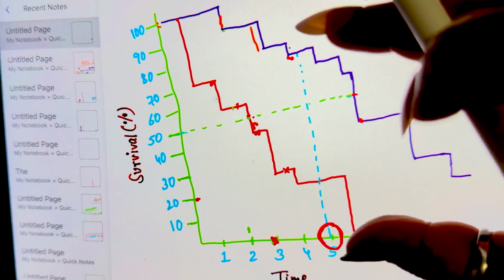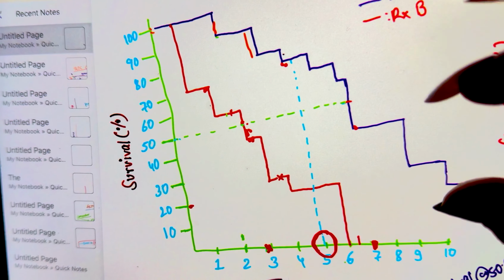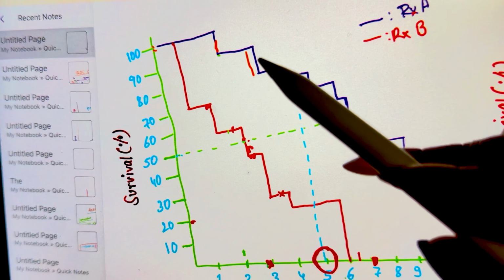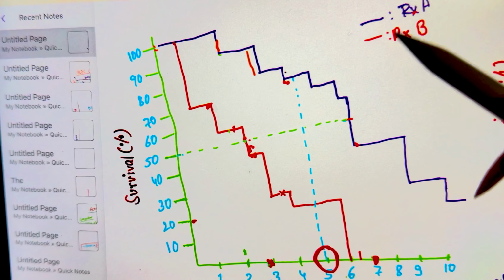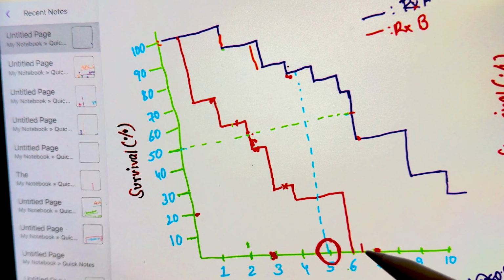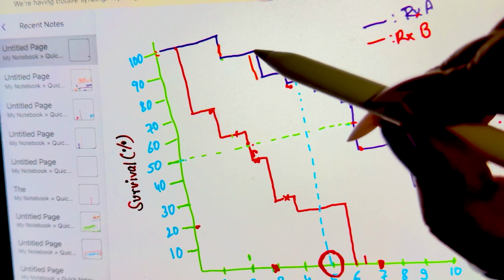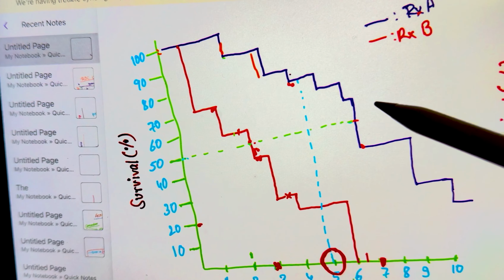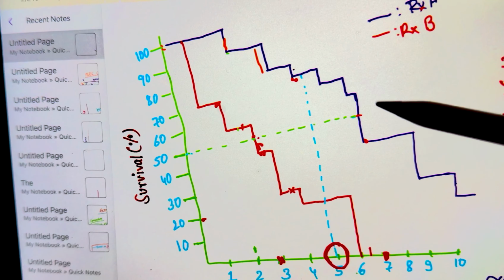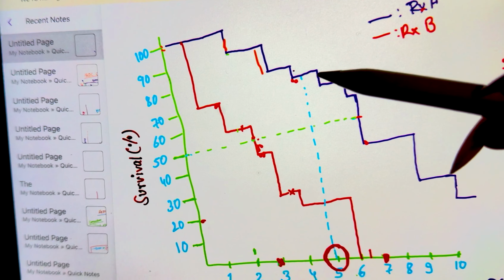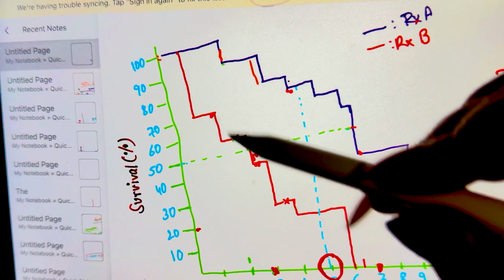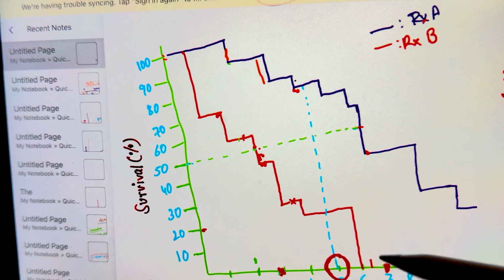Suppose there are two treatments given. The blue line represents treatment A and the red line represents treatment B. We can easily see the stepwise diagram, and certain vertical dips are larger, others smaller, but these lines are not crossing each other.